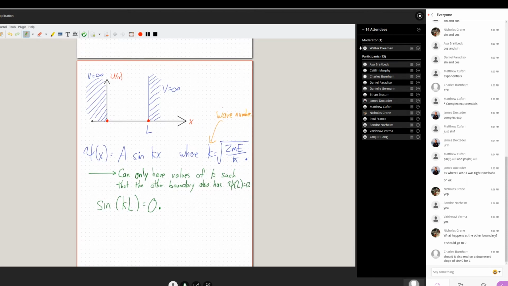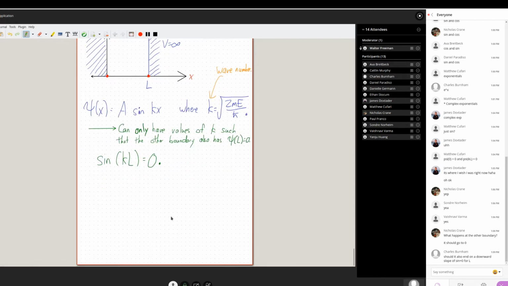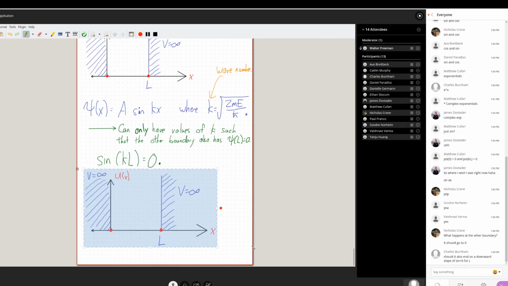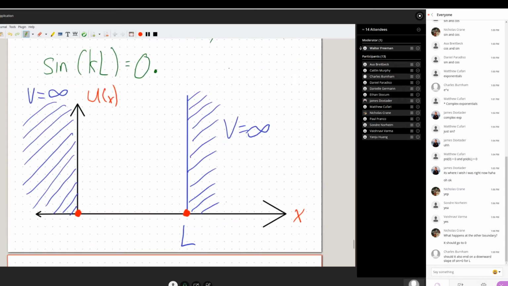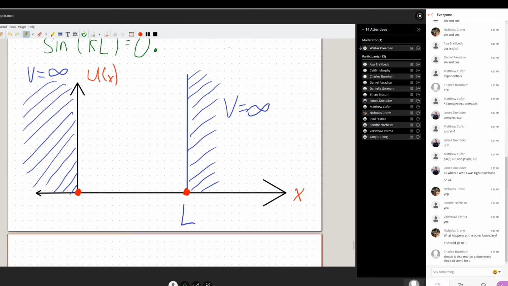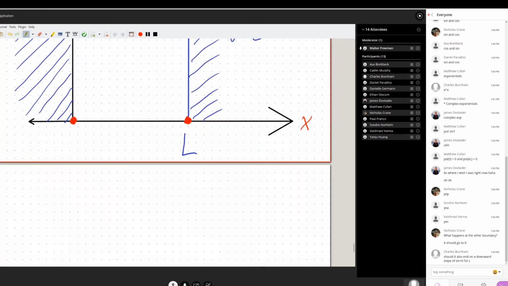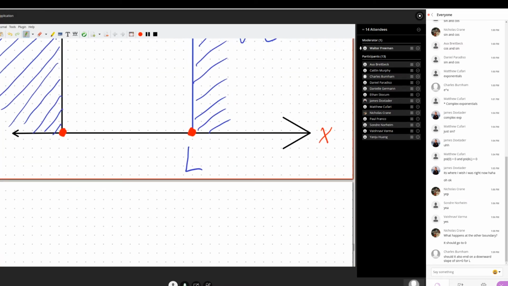Should it also end on a downward slope of sine equals 0 for L? Yes, Charles. So what you are telling me, in effect, is that the allowed wave functions look something like this. One of them, oops, this is going to be tricky for me to draw on my tablet. I'm going to have to zoom in a lot to make sure I get my drawings right.